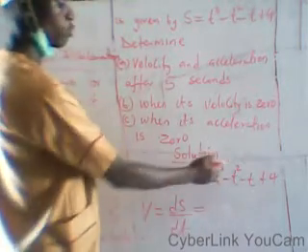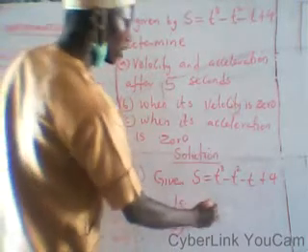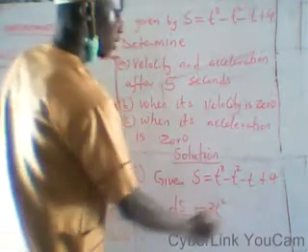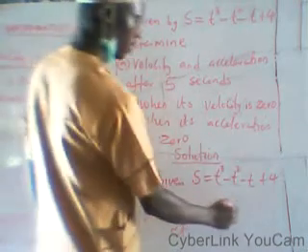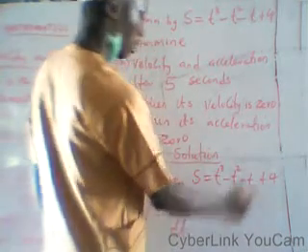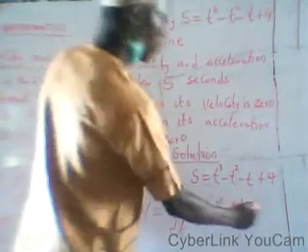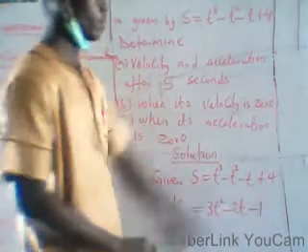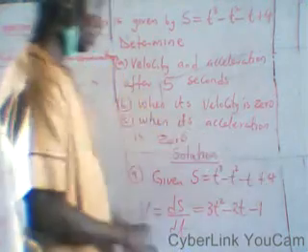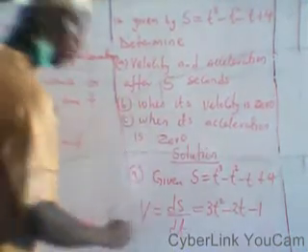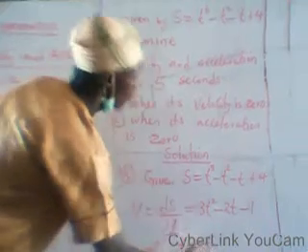So if you differentiate this, you have 3 times t raised to power 3 minus 1, and that is 3t squared, minus 2 times t raised to power 2 minus 1, that is 2t. And the derivative of minus t, of course, is minus 1. The derivative of the constant is 0, so if you differentiate 4, you have 0. And that's our velocity.